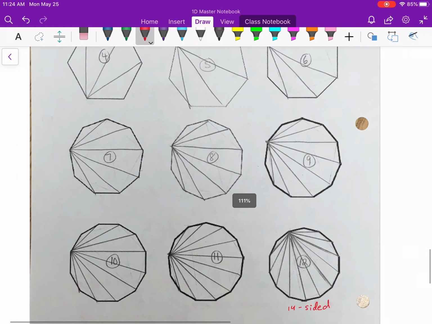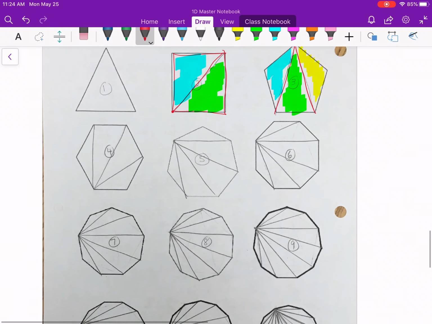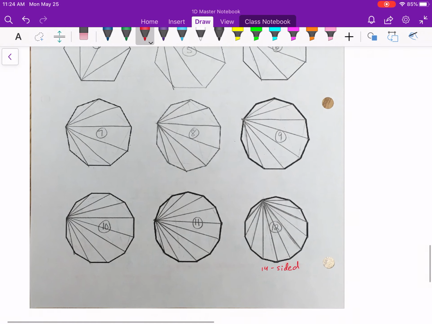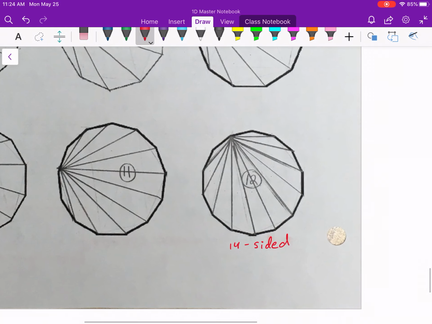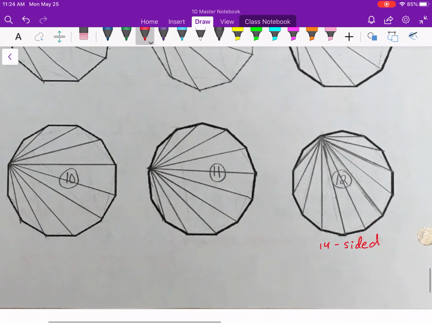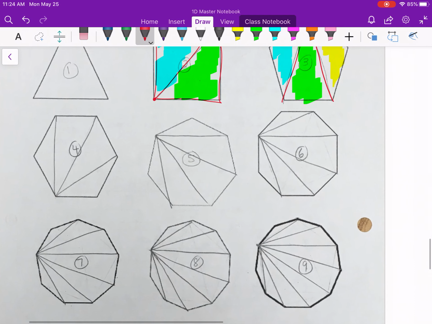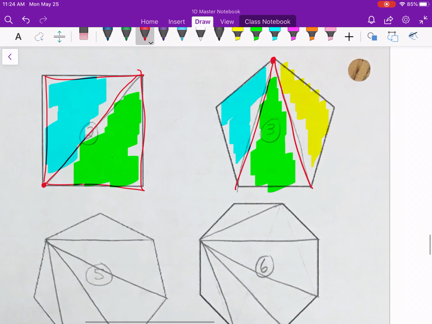And what is the pattern anyway? I was talking about how many sides this has. A 14-sided figure has 12 triangles. That means that a 13-sided figure has 11 triangles. And a 12-sided figure has 10 triangles. And then let's get back down to the ones we actually know. Like a pentagon, we know that's 5-sided, 3 triangles.